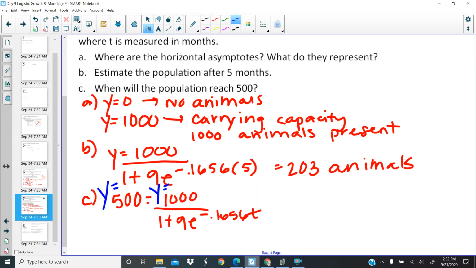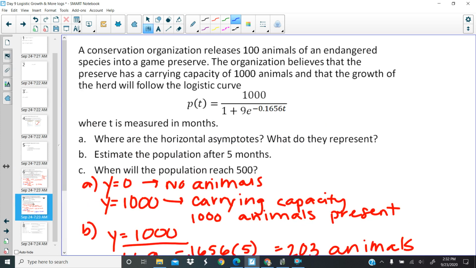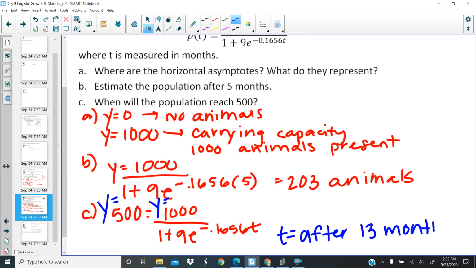So if I come back over here, it wants to know when the population will reach that. So it's going to be after about 13 months. It's like during the 13th month. After about 13 months.